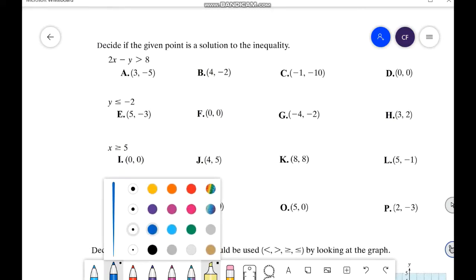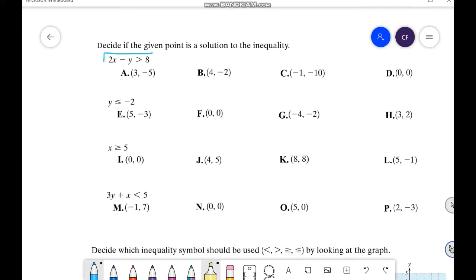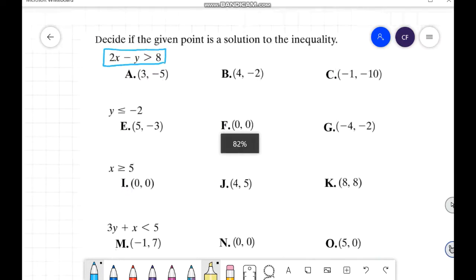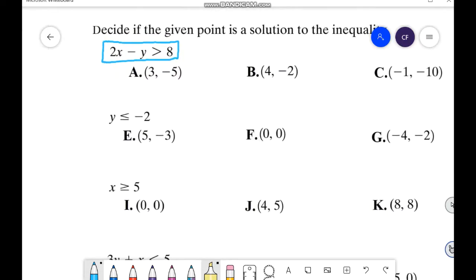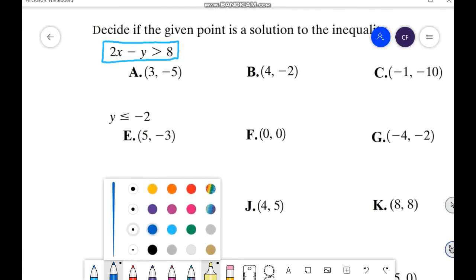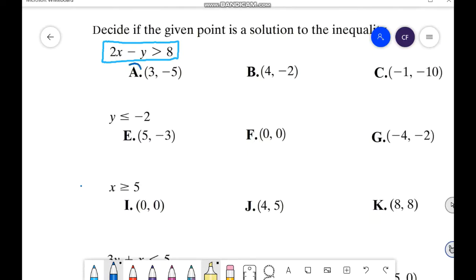Now let's get the first inequality that we have here. 2x minus y is greater than 8. Is this point here, point A, x equals 3, y equals -5, a solution to the inequality? To answer this question, you have to plug the values of the point into the inequality.